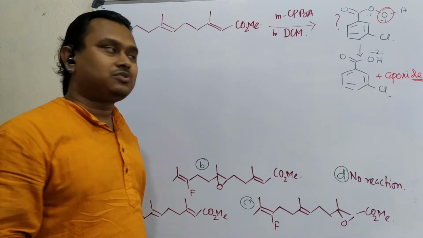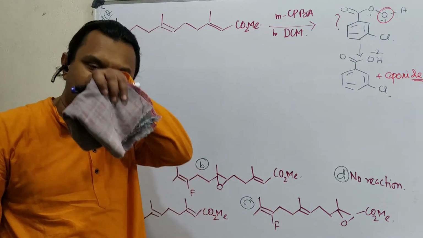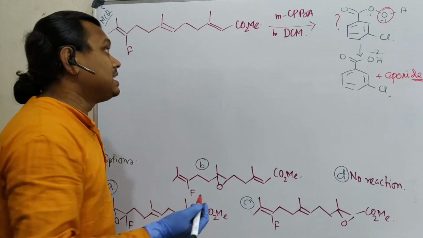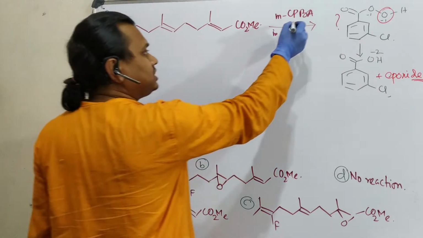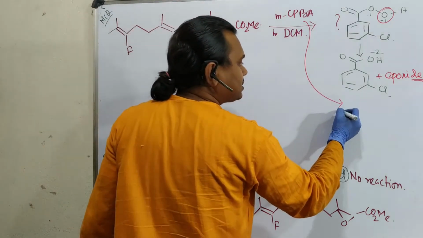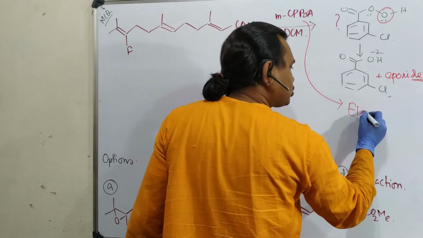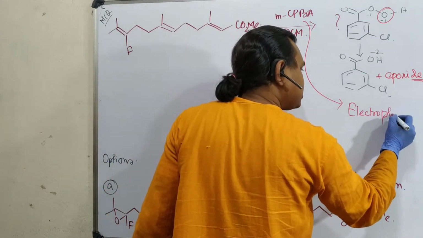Now an epoxide is a 3-member ring, and the alkene double bond is converted into an epoxide. In this case you can see that 3 types of double bonds are there. Now the question is, what reaction will occur? Remember about this reagent one important term, that is electrophilic epoxidation.